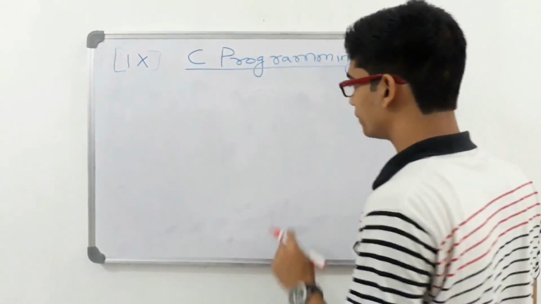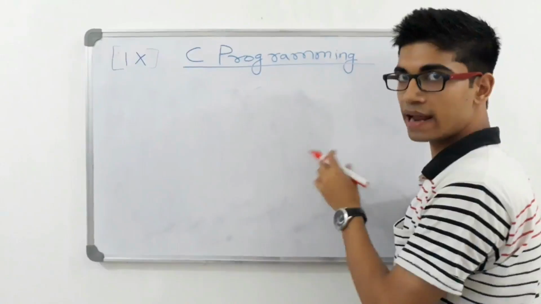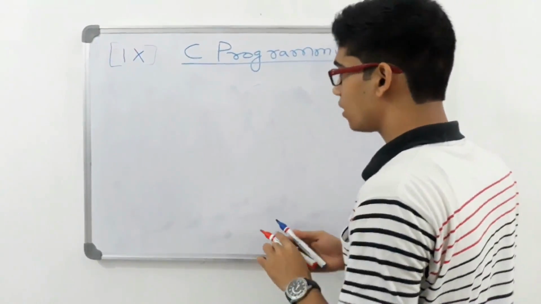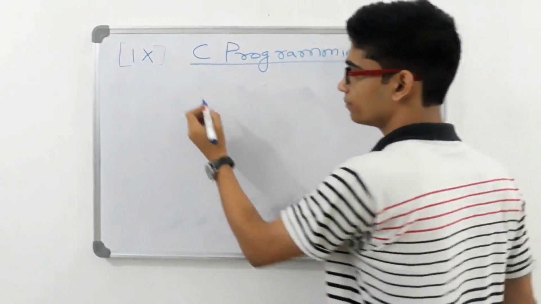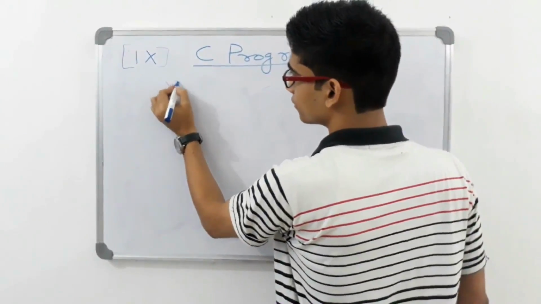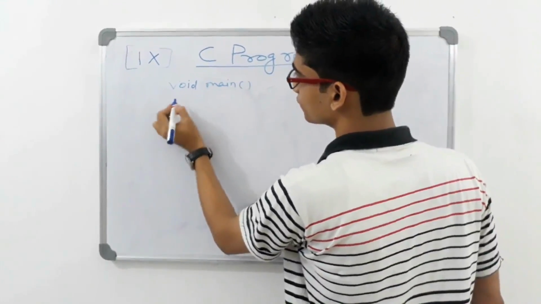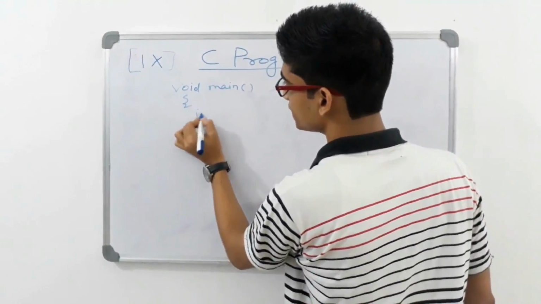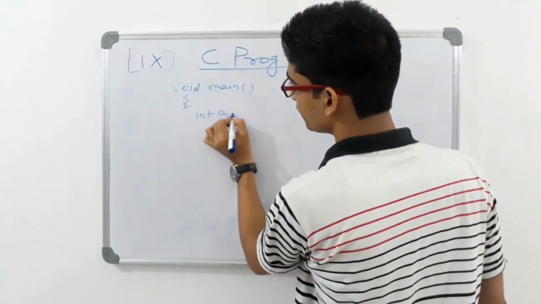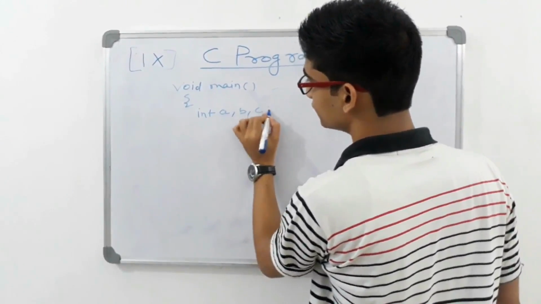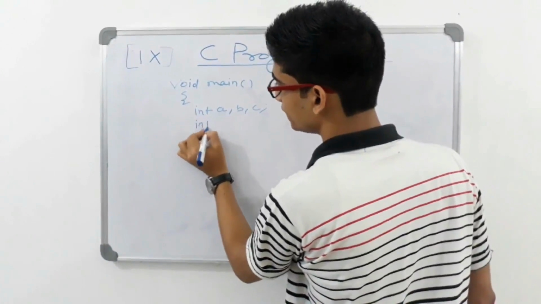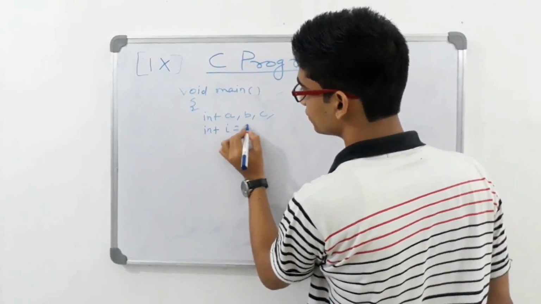Now consider the previous example that I told you about, adding two numbers. So how would we do it using while loop? void main, say int a, b and c, and then I write int i equal to 0.